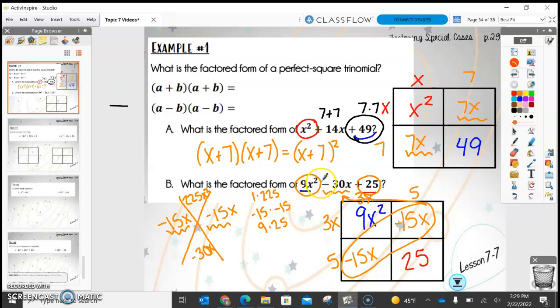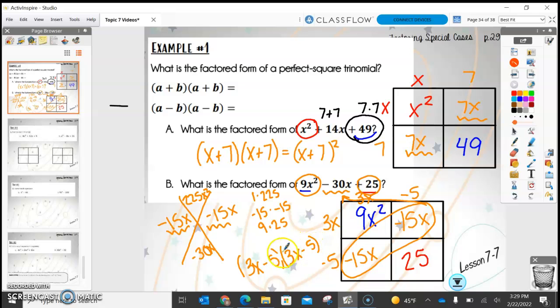So it's kind of a shortcut if you see perfect squares like 4, 9, 25, 36 to help you, because our factored form will be 3x plus 5 times 3x plus 5. Oh, I'm sorry, those need to be negative 5s here. Let me make that edit real quick. I need the negative 5 to make a negative 15, so it's 3x minus 5 on both of these.